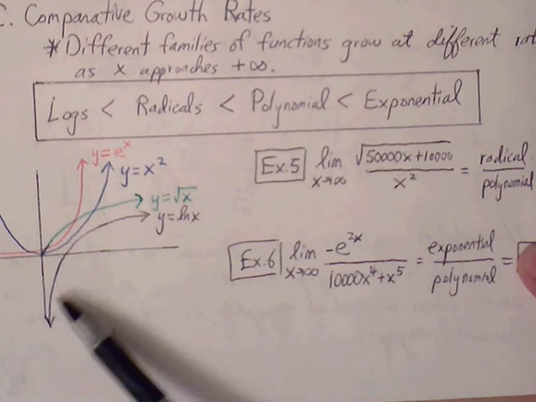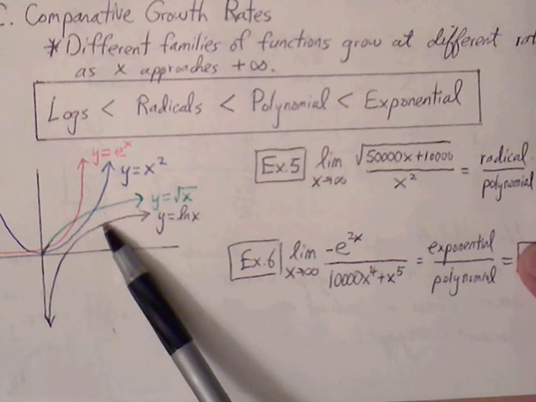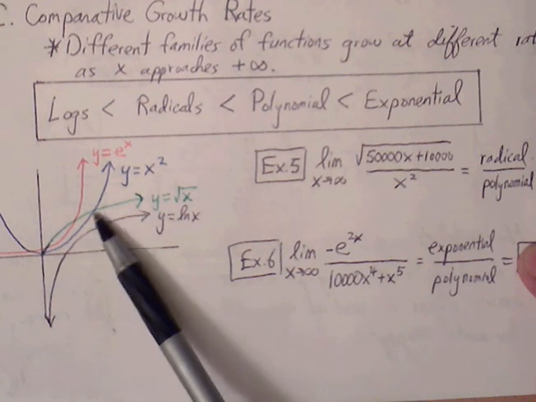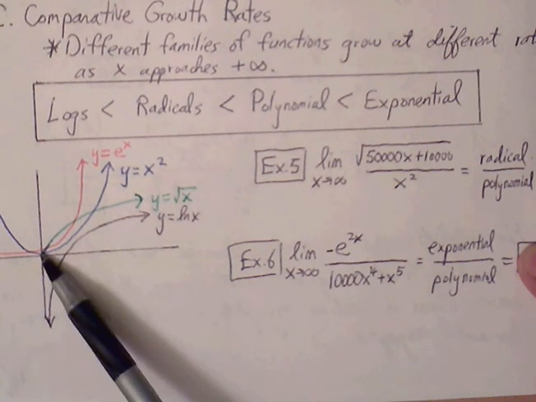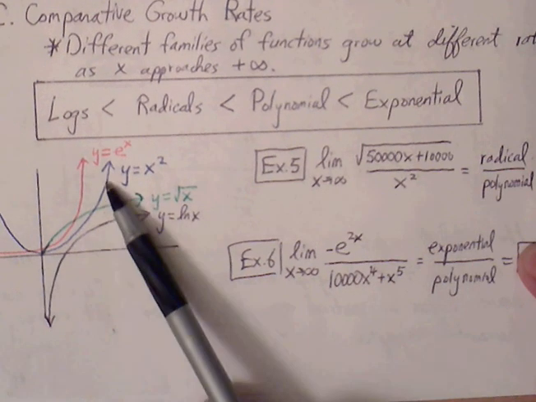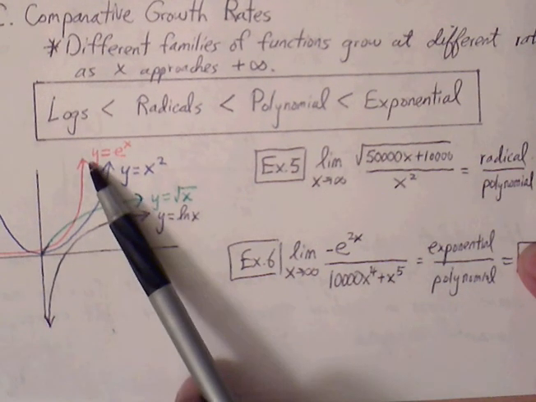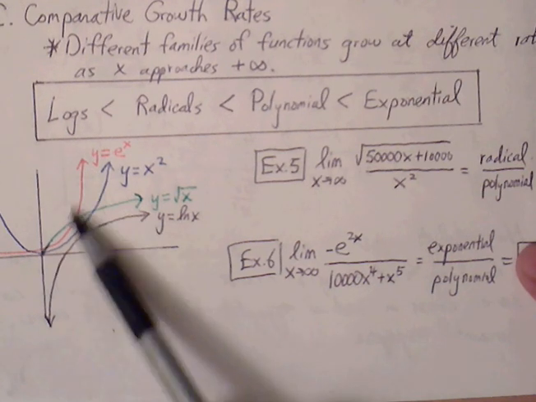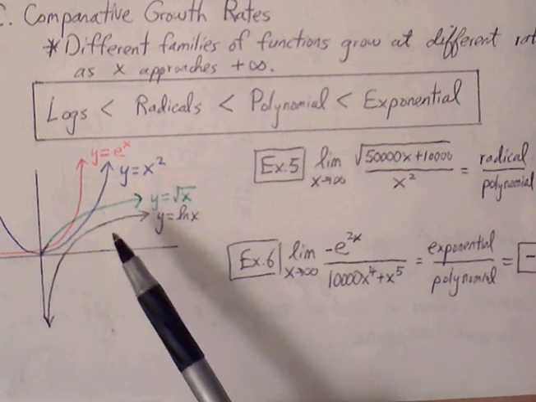It's increasing, but it's increasing at the slowest rate here. Root x is going to grow at a faster rate, then x squared, polynomial, and then finally exponential is going to grow at the fastest rate. It's going to increase the fastest as we go towards infinity.